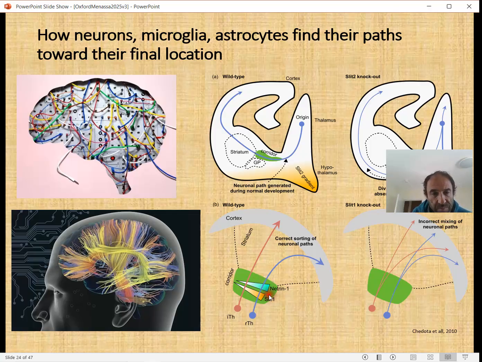If SLIT1 and netrin are removed, instead of being well sorted for these two types of neurons, they become intermingled. So this illustrates the complexity of the navigation, and to our knowledge, the combinatorics has never been taken into account to be able to quantify how neurons really find their targets, or at least the places where they have to stop.